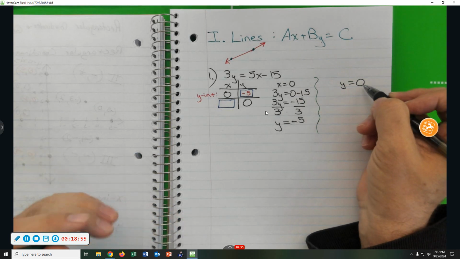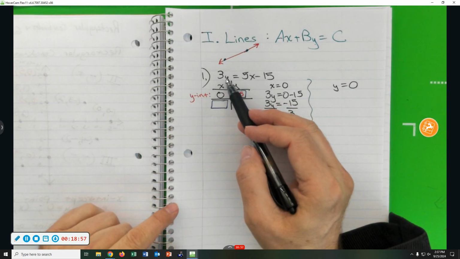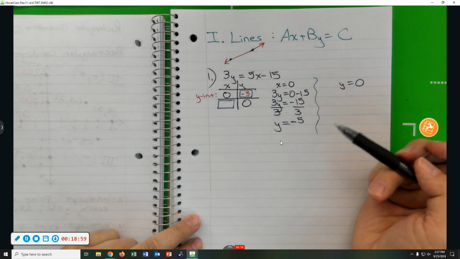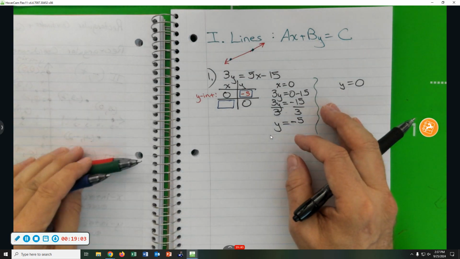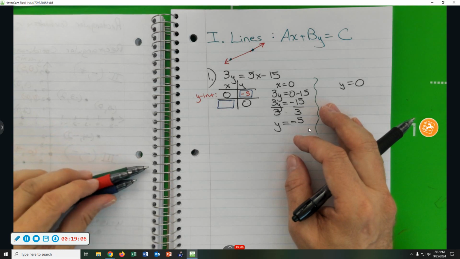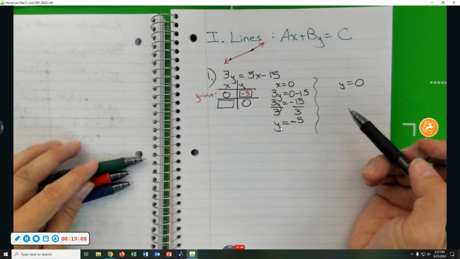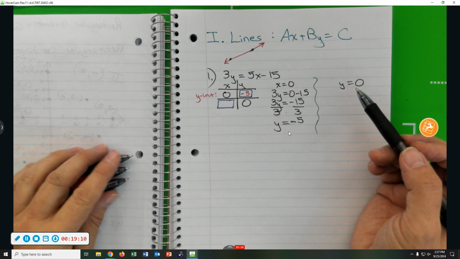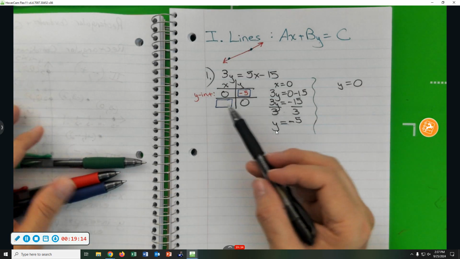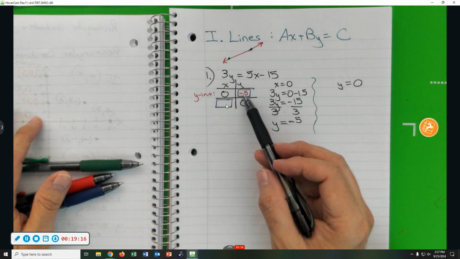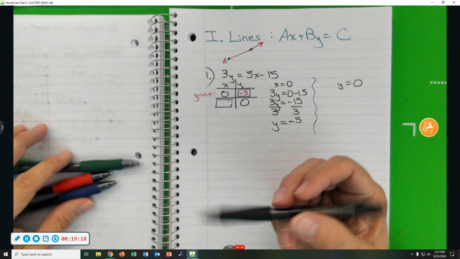So plugging in 0 for y, 3 times 0. What does that say? I remember years ago when we were doing this in Math 371, I had a good student, and I didn't understand why she was having so much trouble. She was coming up with the weirdest numbers for this. 9.